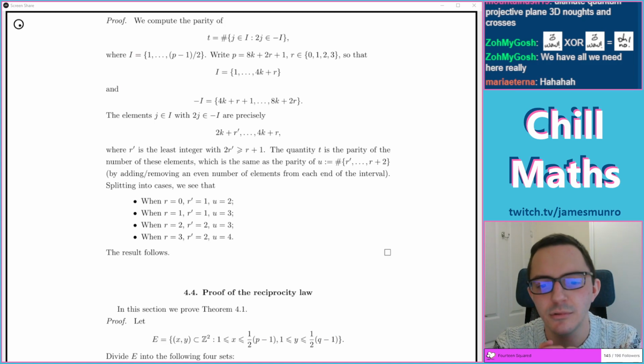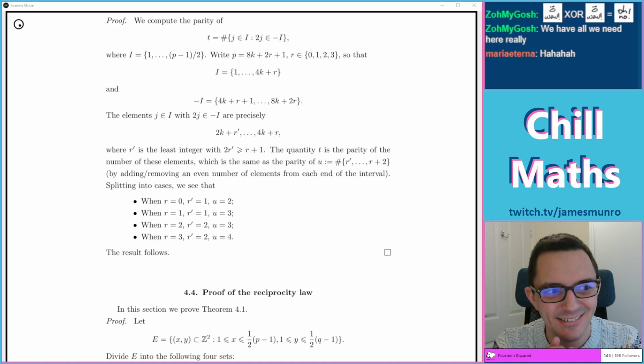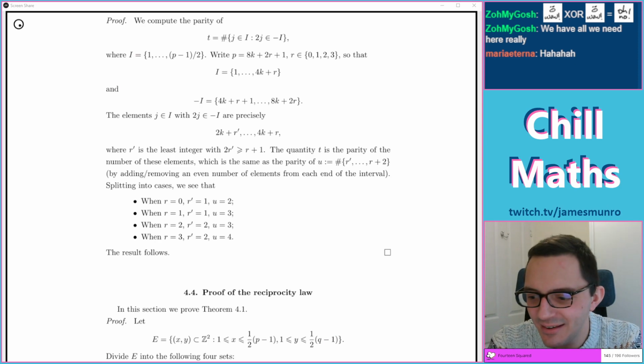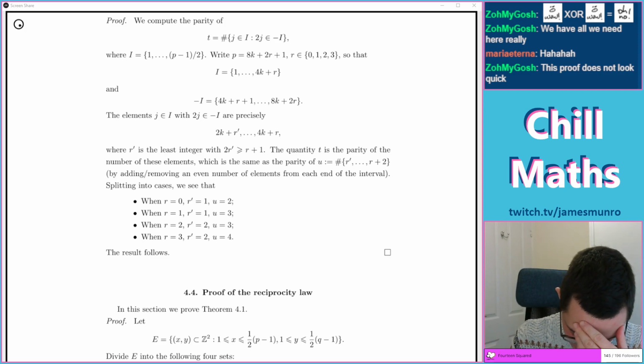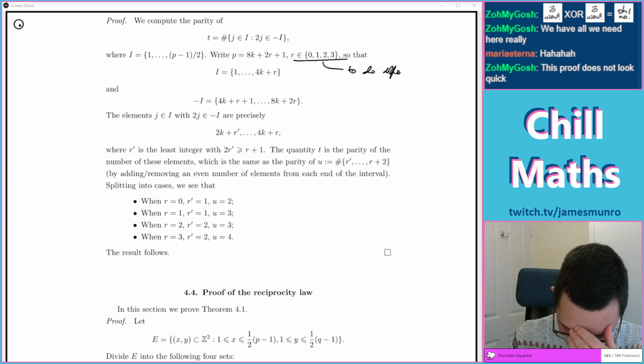Oh, ooh. These are different cases for odd numbers, mod 8. I'm getting there. Right, here are your odd numbers. So I think these are just to do different cases at once.